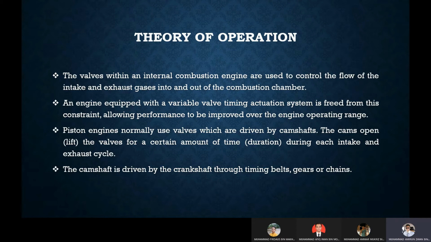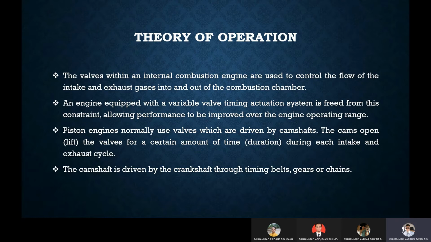For the second point, an engine equipped with a variable valve timing system is free from this constraint, allowing performance to be improved over the engine operating range. For the third point, piston engines normally use valves which are driven by a camshaft.